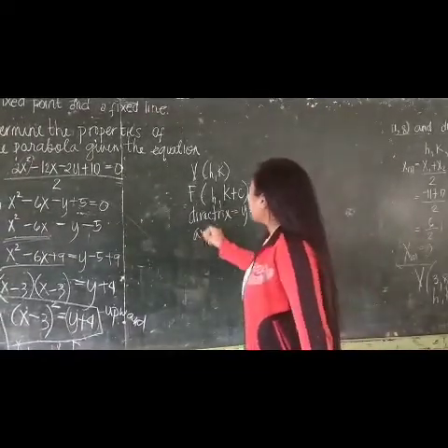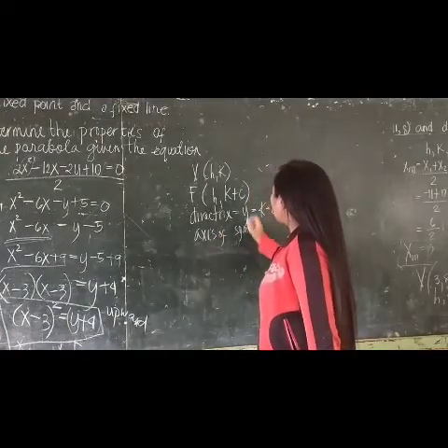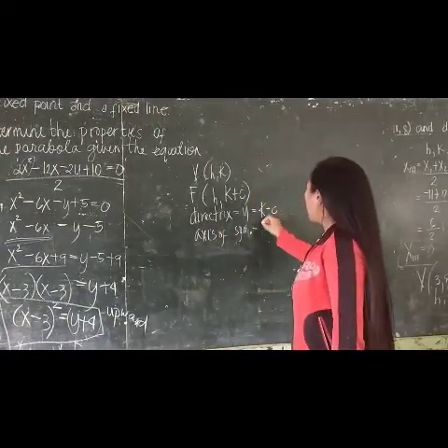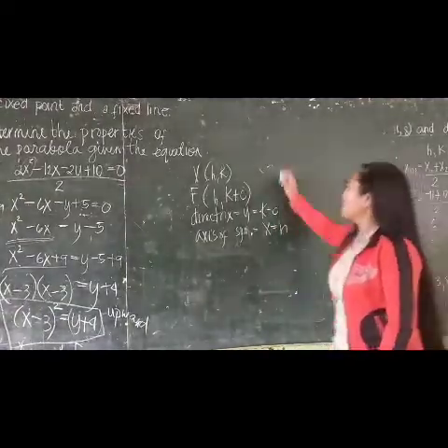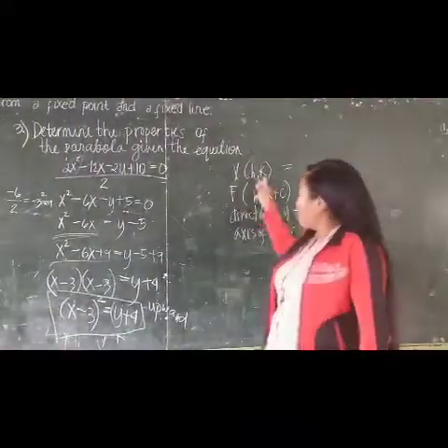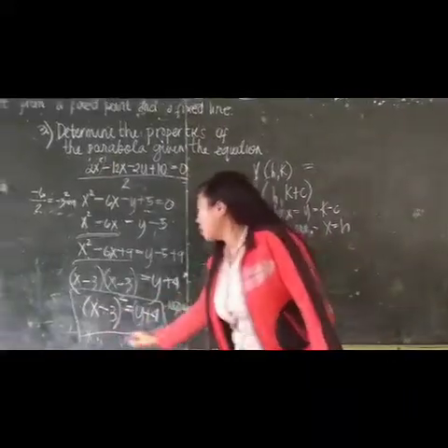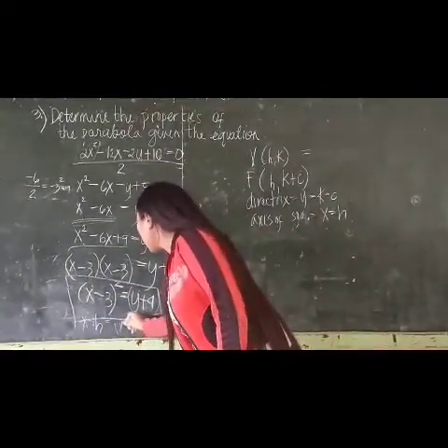Then our axis of symmetry is x equals h. Next is h, k. So determine the value of h and k. So this is now your x minus h, then equals y minus k.